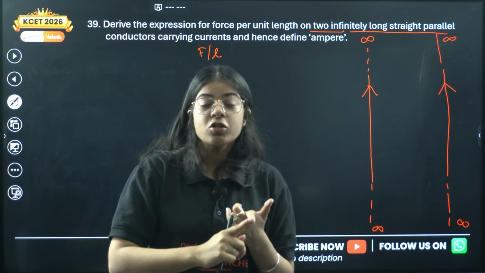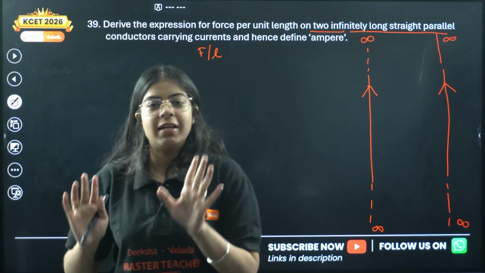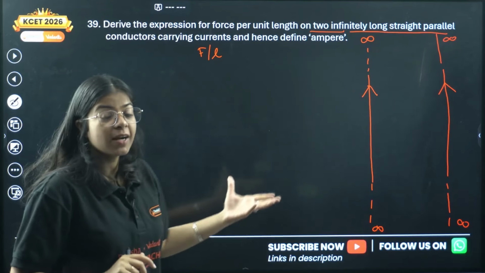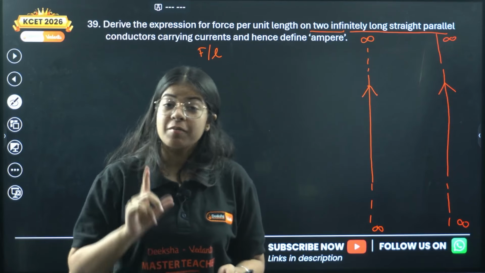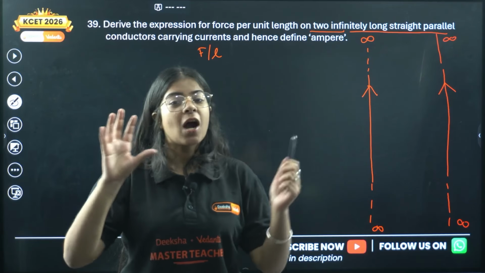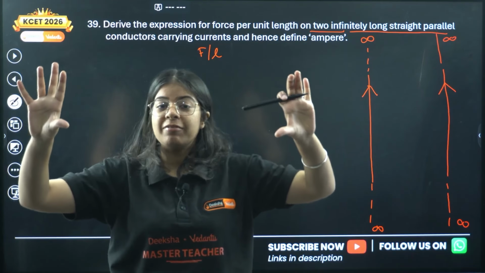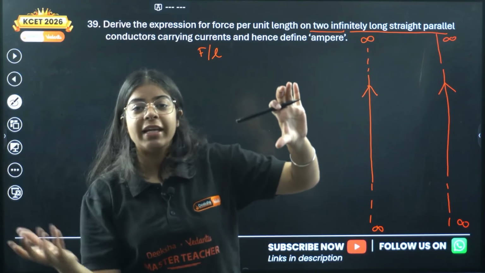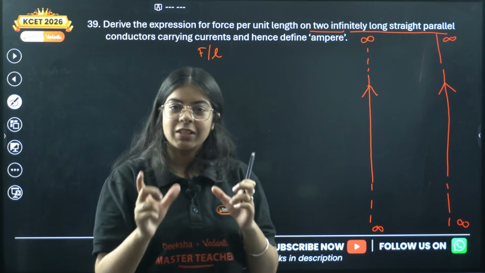So we need force, we have current, we will find force, but we need magnetic field as well. And we have current. So by using right hand thumb rule, we can find the direction of magnetic field, correct? See how you link it, you have to find force. Force can be found with the help of Fleming left hand rule. For Fleming left hand rule, we need B, and B can be found with the help of right hand thumb rule, correct?